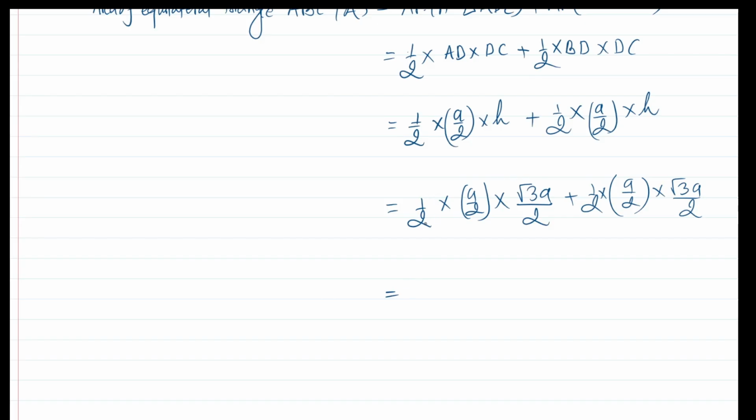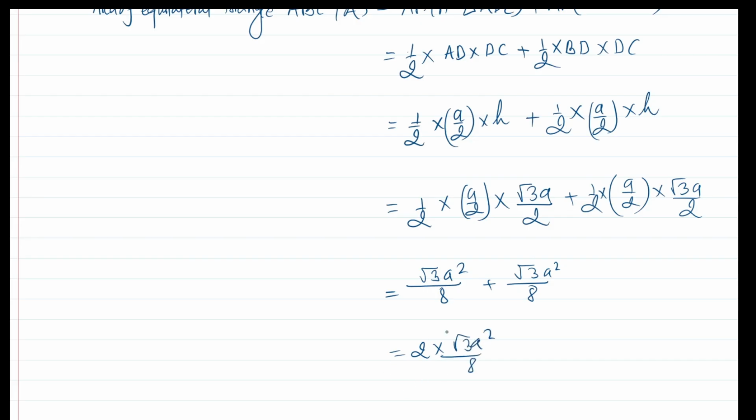Multiply numerator and denominator separately. 1 into A into under root 3, that is equal to under root 3 A square, and 2 into 4, 4 into 2 is 8. Similarly, under root 3 A square upon 8, and both are equal. This is one expression, this is the same expression. That is 2 times the same expression.